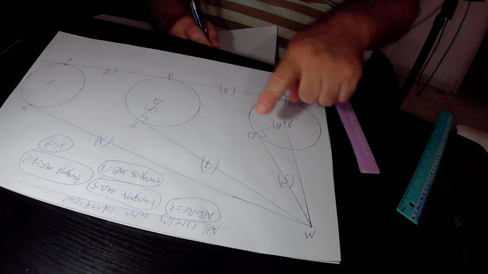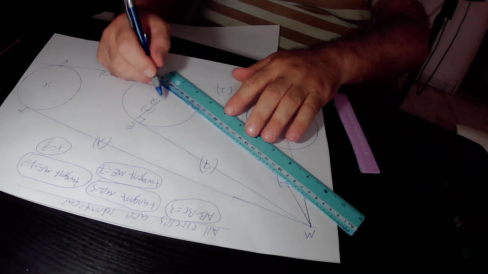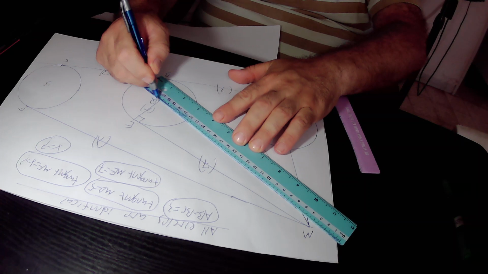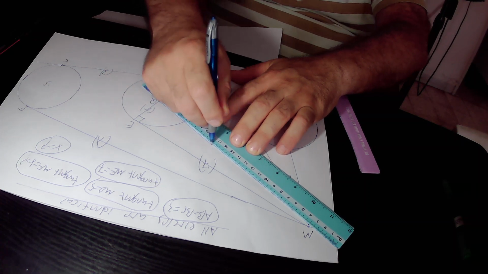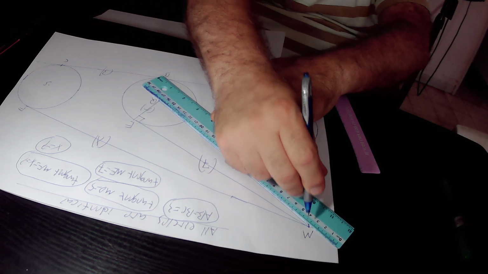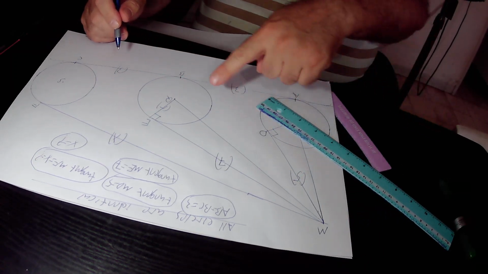We join points Q and M together by a straight line. By joining points Q and M, we created the right triangle MQE.